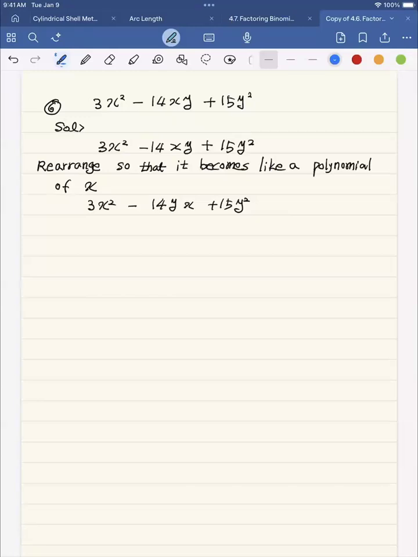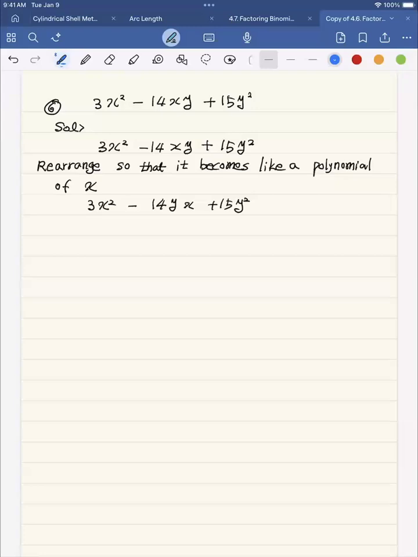The next problem is 3x squared minus 14xy plus 15y squared. In this case, we have two variables, x and y. When that happens, we will reorganize it according to one variable. I decided to organize the expression with respect to x.